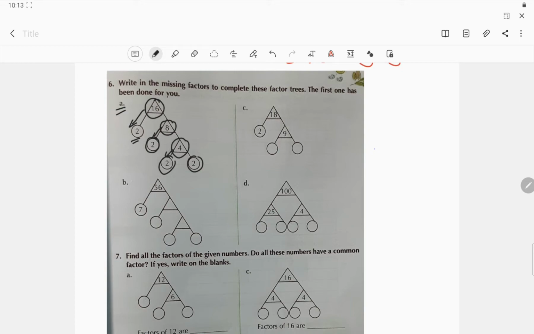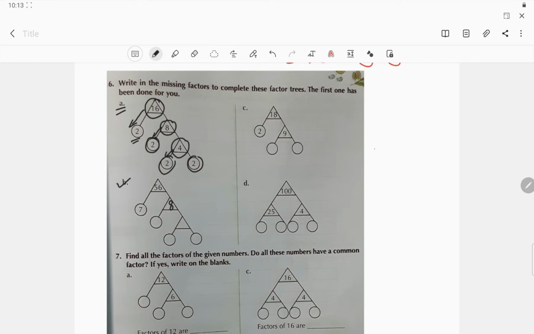Now we will apply the same logic for question B. It is given 56 at the top, and in one branch 7 is given. Now what I have done in A, you have to divide 56 by 7. Then you will get 8, right? 7 8s are 56.